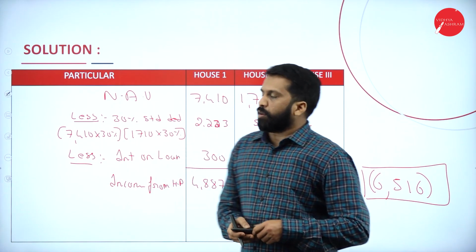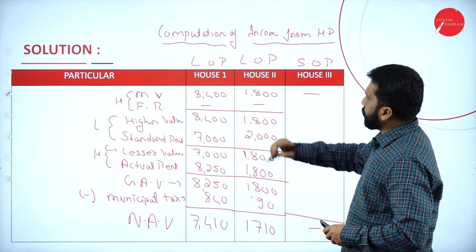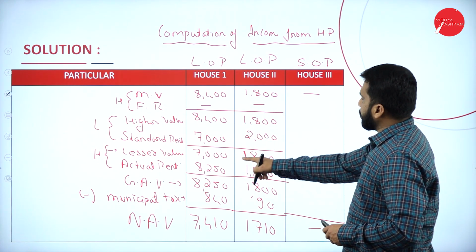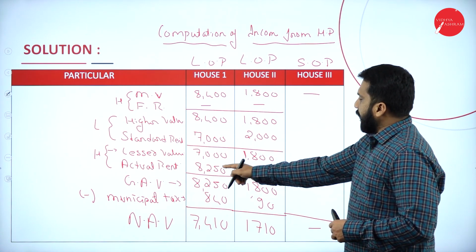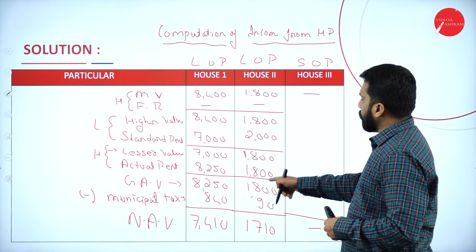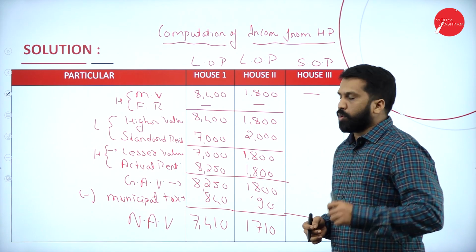Clear? I'll cross check once whether we have taken properly. Yes, these two, higher value, standard, and lesser value 7,000 and 1,800. Actual rent you are supposed to compare. Higher is 8,250, 1,800 minus municipal tax only paid by owner.